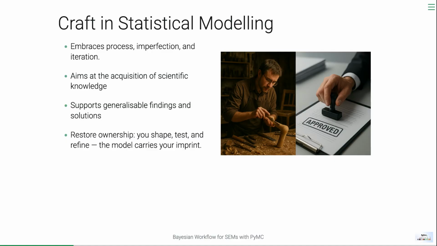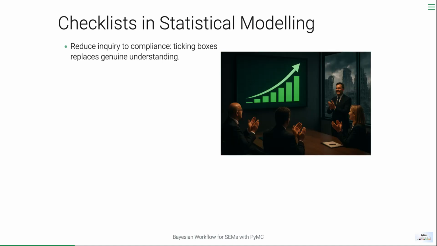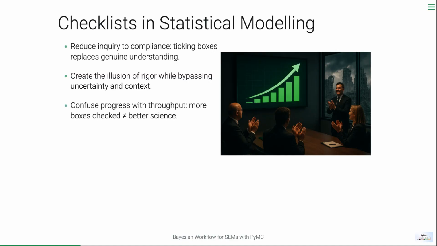In contrast, and this is the bad guy caricature somewhat, statistical modeling can be seen as a checklist exercise or a ticking box exercise. It's the opposing view. And I'm going to argue that this approach of checklist statistics creates an illusion of rigor while bypassing the actual work. It confuses progress with throughput.